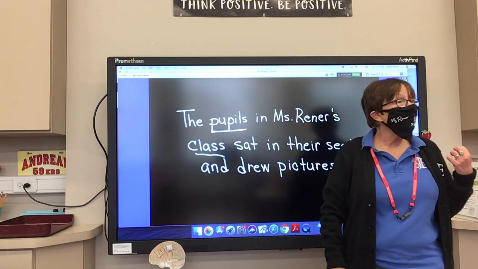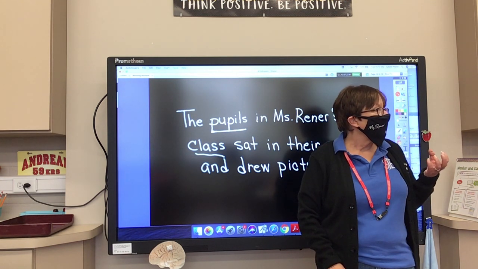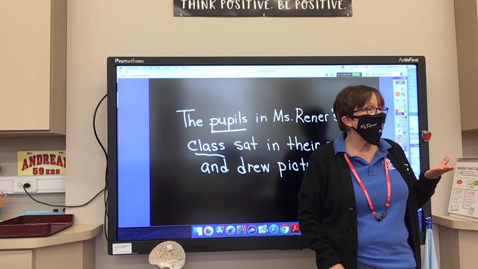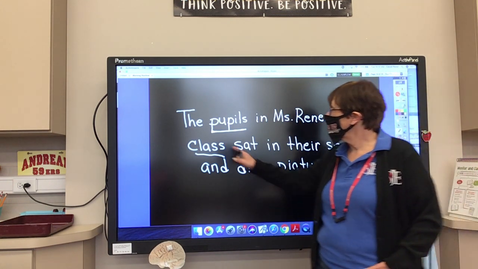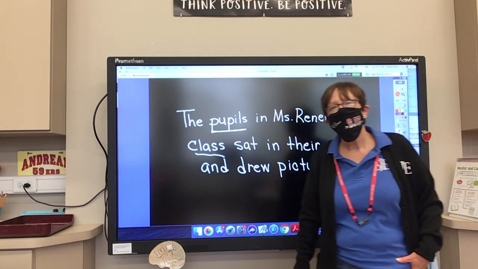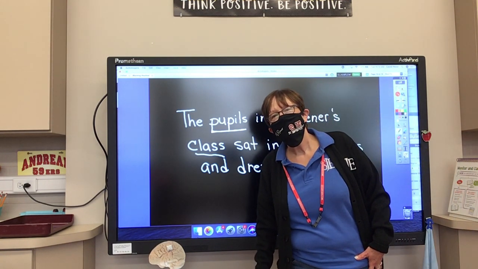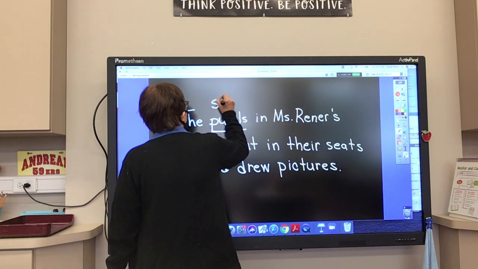So remember yesterday when we talked about words that might be unfamiliar, you could replace it. So what word could we replace pupils with to see if it works? Yes, Teddy? Students. So if we replace this word with students, would that work?